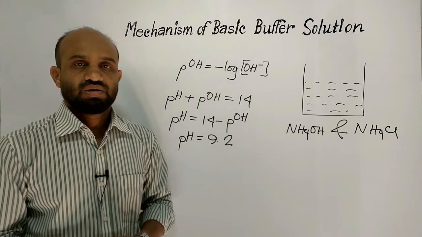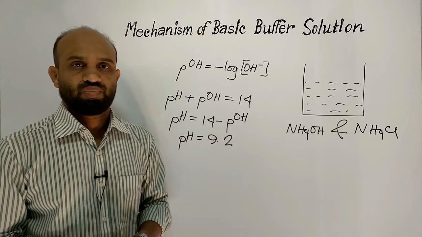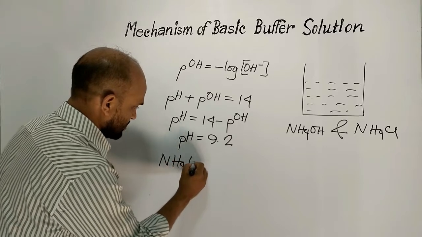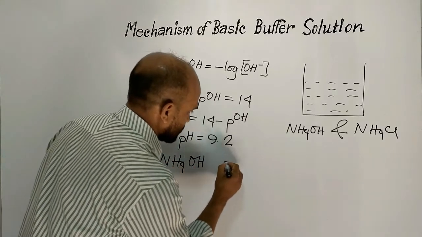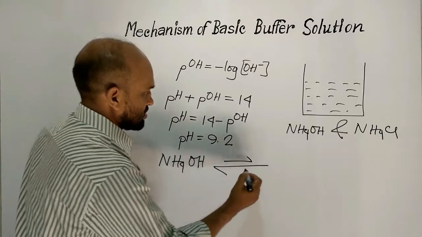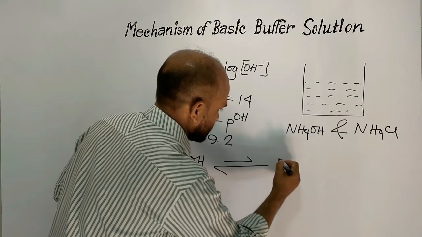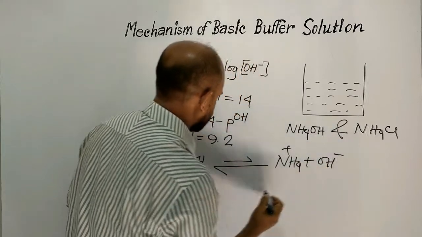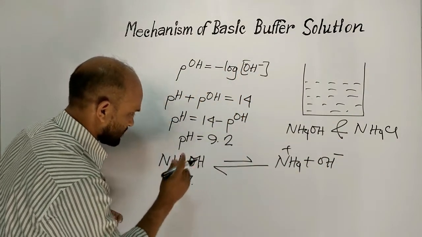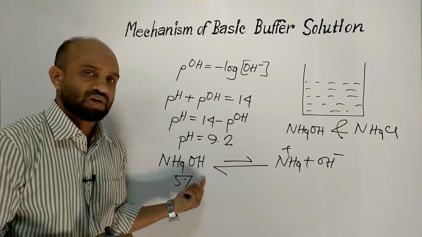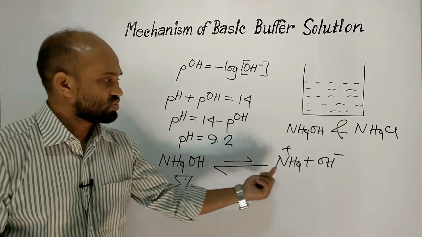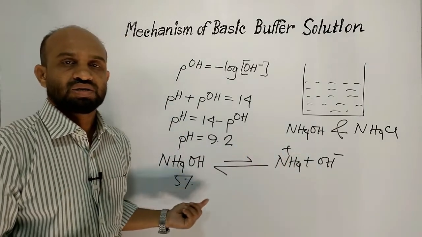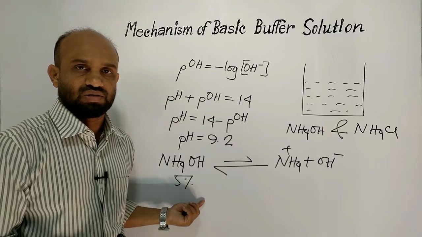Now let's see ionization of these two components. Ammonium hydroxide, which is a kind of weak base, ionizes to ammonium ion and hydroxide ion, that is only 5%. That means only 5% molecules ionize because it's a kind of weak base.